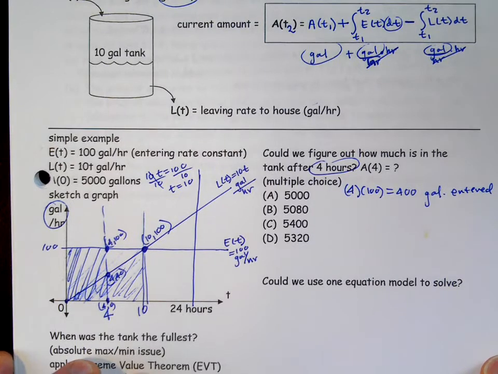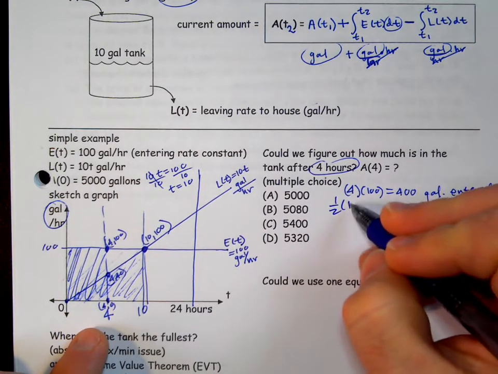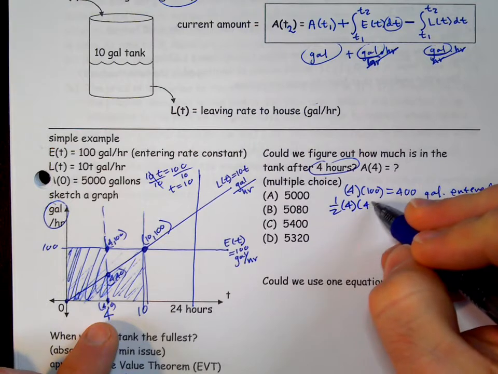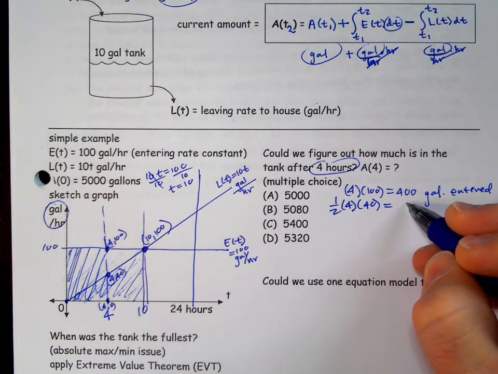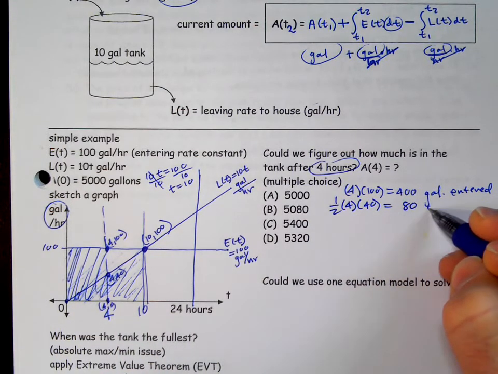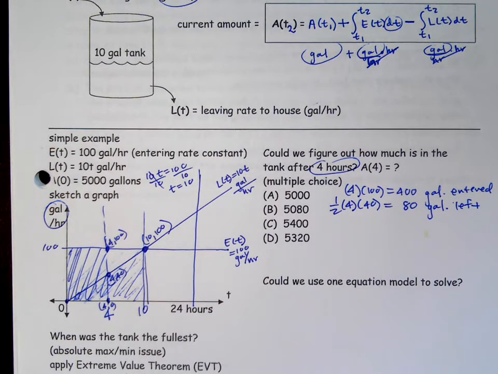How many gallons left the tank? Well, that'd be the area of that triangle right there. So that's going to be 1/2. Base is 4. Height is 40. So those coordinates are coming in handy. And that's going to be 80 gallons left the tank, right? But we also need to consider how much was in the tank to start with.